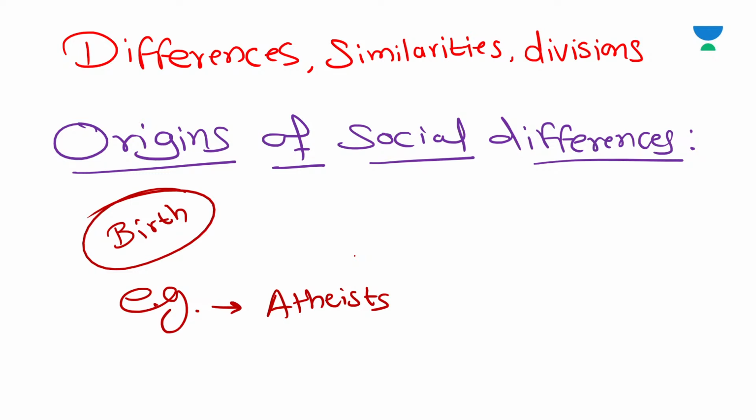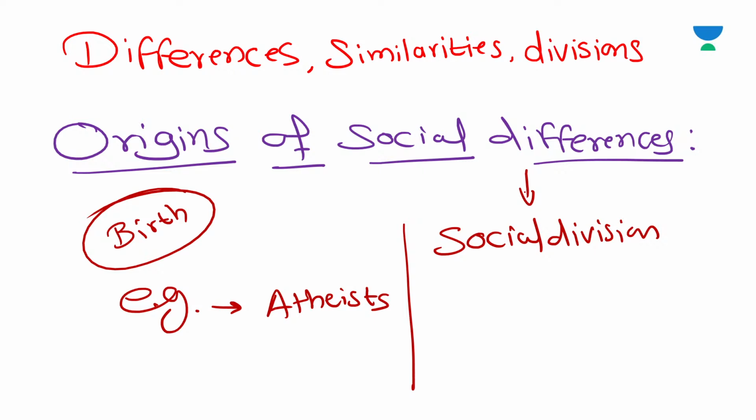Now, every social difference does not lead to social division. Social differences divide similar people from one another, but they also unite very different people. So people belonging to different social groups share differences and similarities, cutting across the boundaries of their groups.